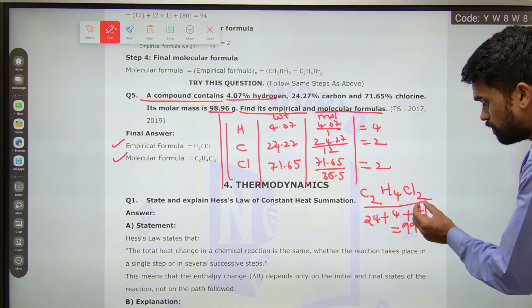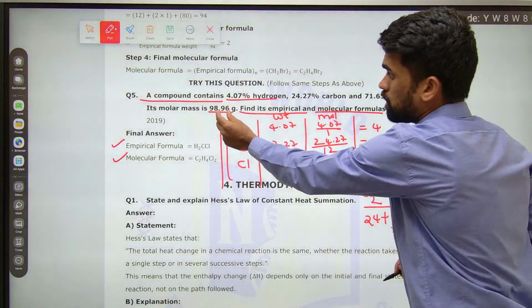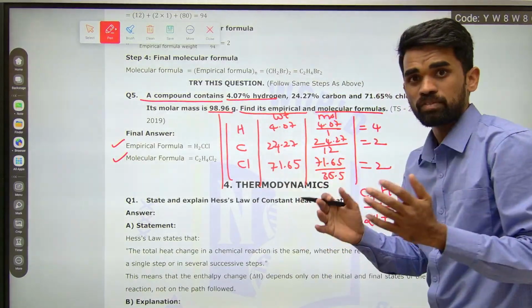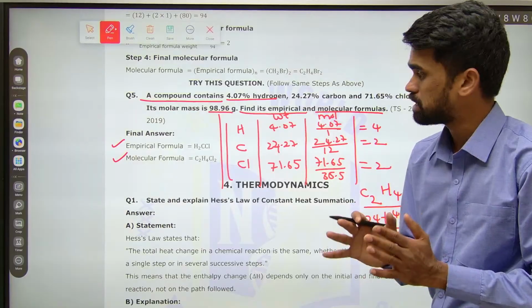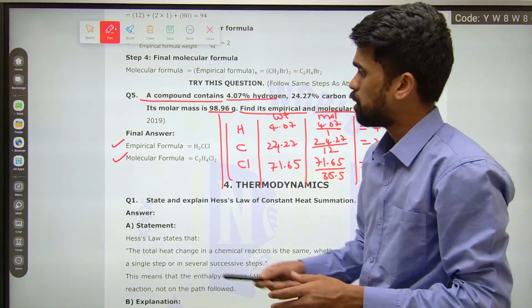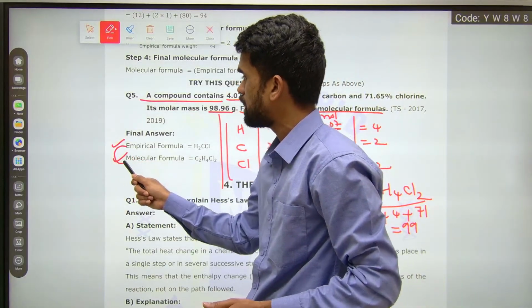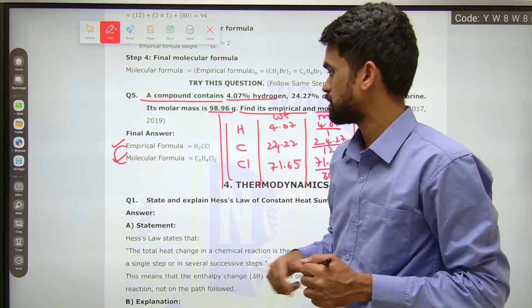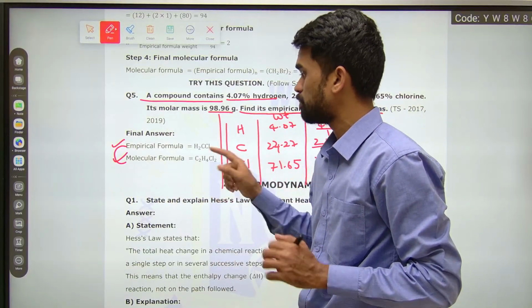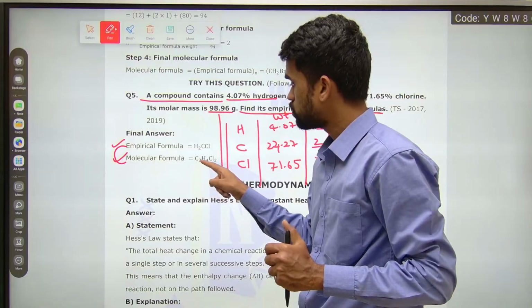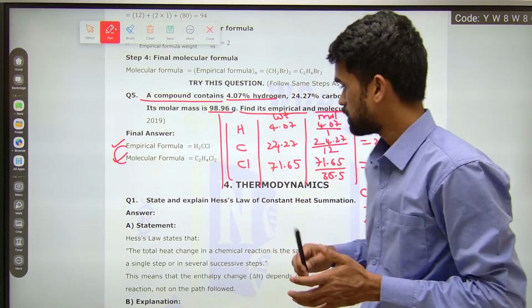So the empirical formula weight and the molar mass are almost equal. If they are almost equal, the empirical formula and molecular formula are the same for this particular compound. So the molecular formula we got is C2H4Cl2.